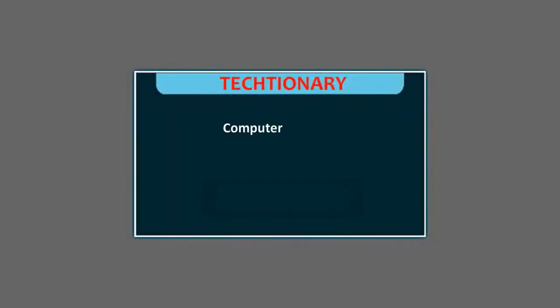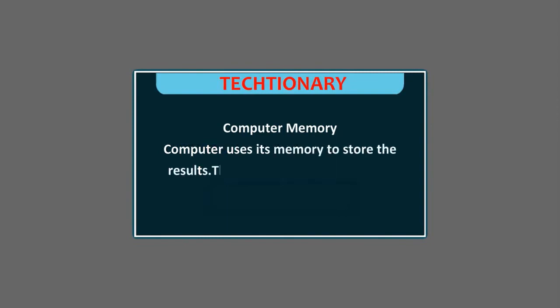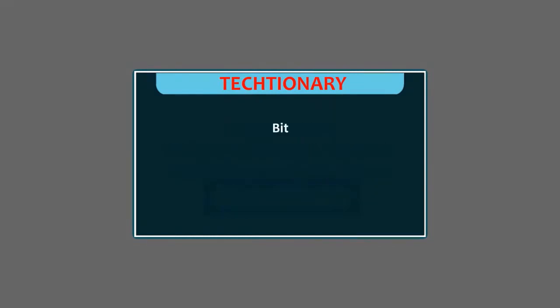Dictionary. Computer memory. Computer uses its memory to store the results. This memory is of two types, primary memory and secondary memory. Bit. It is a binary digit, either a 0 or 1. RAM. Random access memory is a read or write memory.